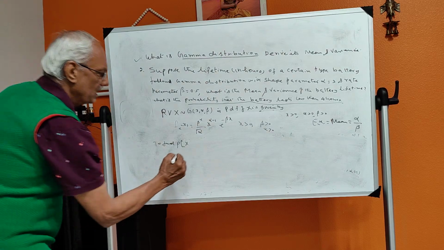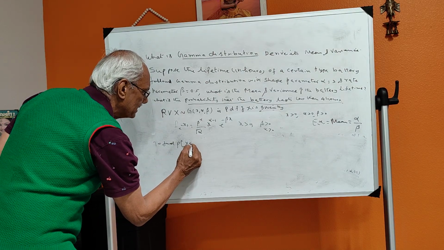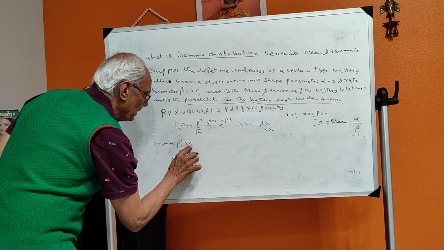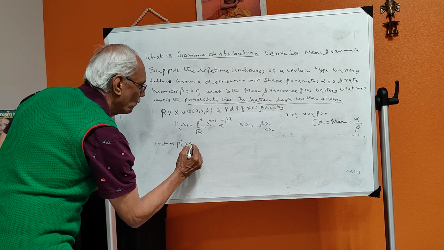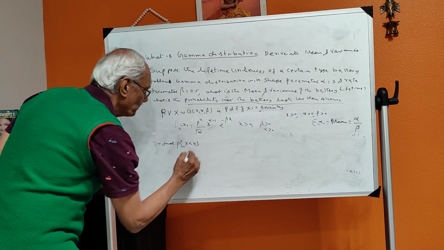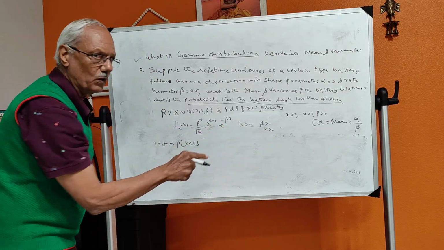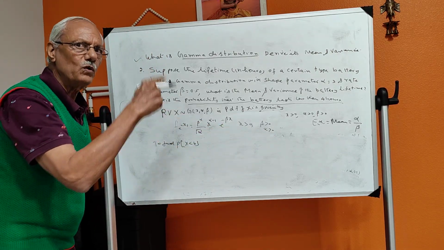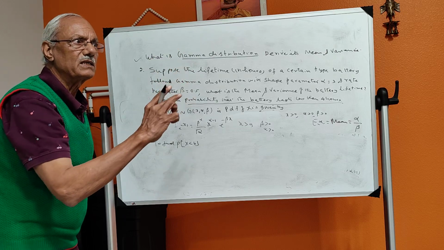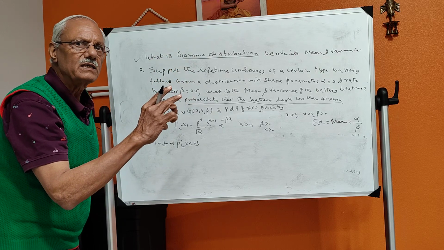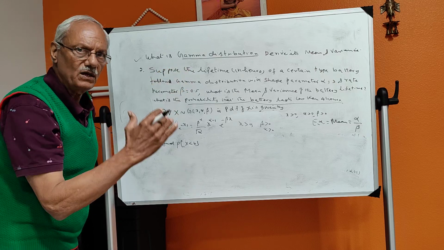That means it can be less than 4 hours. Here x is greater than 0, the lifetime refers to 0 hours to 4 hours. The life can be 0 to 4 hours, less than 4 hours.